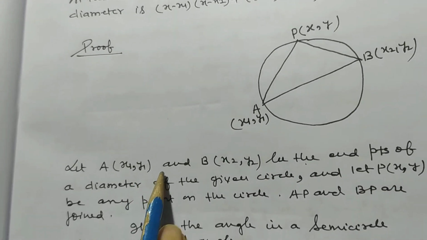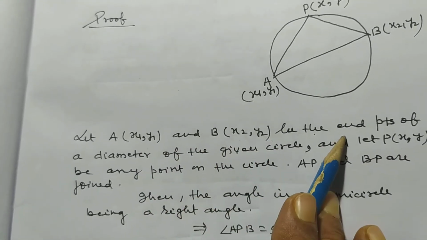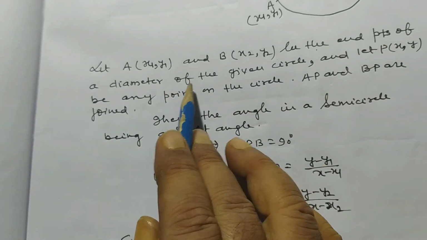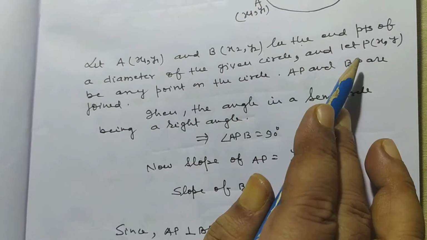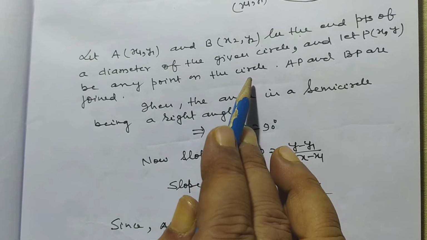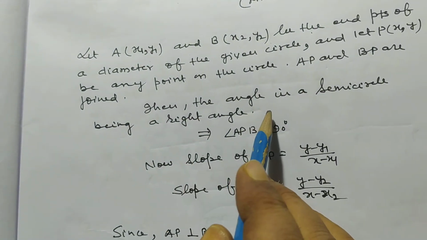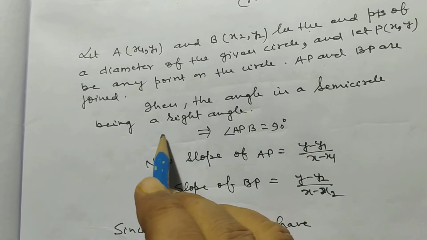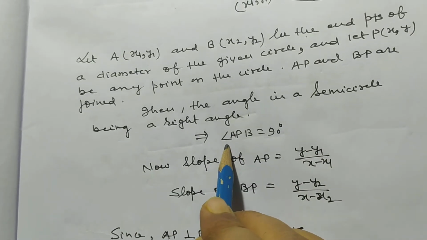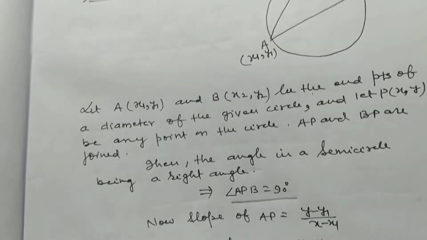Let A(x1, y1) and B(x2, y2) be the end points of a diameter of the given circle, and let P(x, y) be any point on the circle. AP and BP are joined. Then, the angle in a semicircle being a right angle, angle APB is 90 degrees.